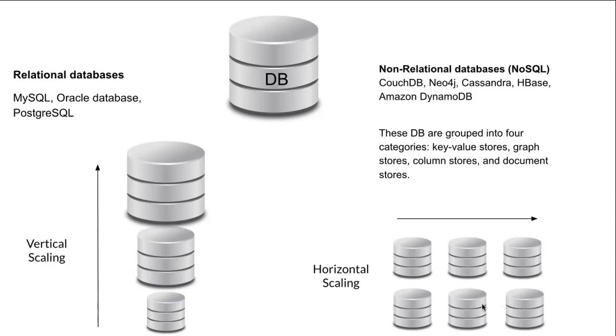We have multiple nodes acting together to read and write data. We can add any number of nodes, and since all nodes use limited hardware, there's no limit. So in that sense, going with horizontal scaling is better when we want to scale the database to more users. So yeah, that is pretty much it on the database part.